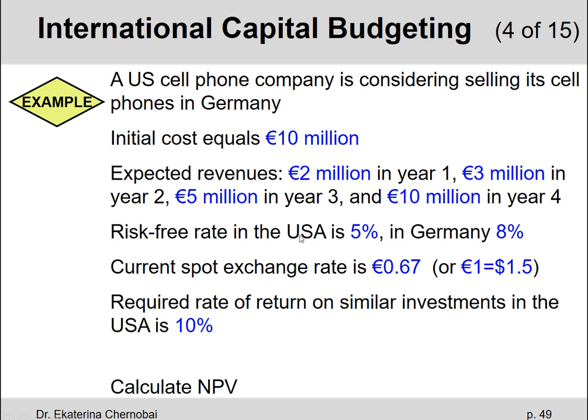The risk-free rate in the USA is 5%, and it's 8% in Germany. The current spot exchange rate is 0.67 euros per dollar, which is the same thing as $1.50 per 1 euro. The required rate of return on similar investments in the USA is 10%. Calculate the net present value of this cell phone project in Germany.